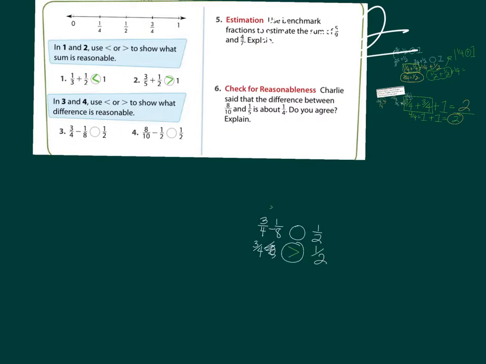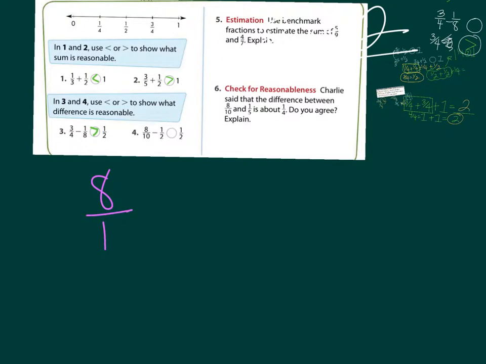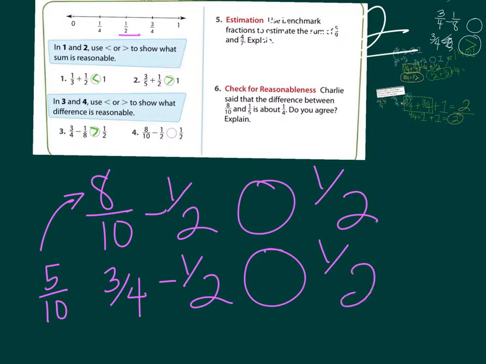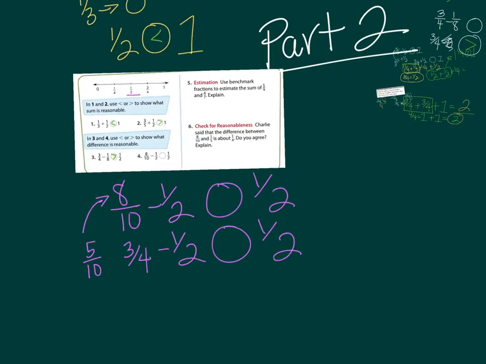Okay, let's try this next one. Let's say we have 8/10 minus a half compared to a half. Now, 8/10, well, first thing I'm going to think of is, what's half of 10? Half of 10 is 5. This is definitely bigger than 5. So it can't be a half. I'm going to see it as 3/4. So 3/4 minus a half compared to a half. So let me make some more room here.